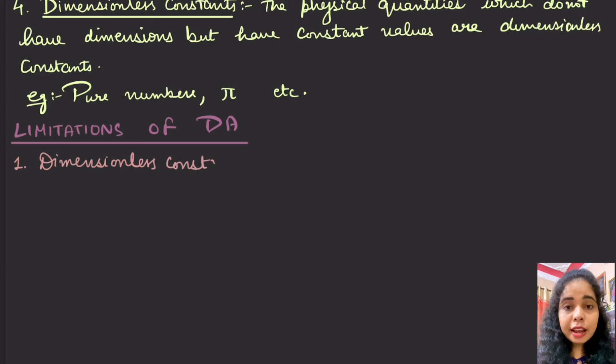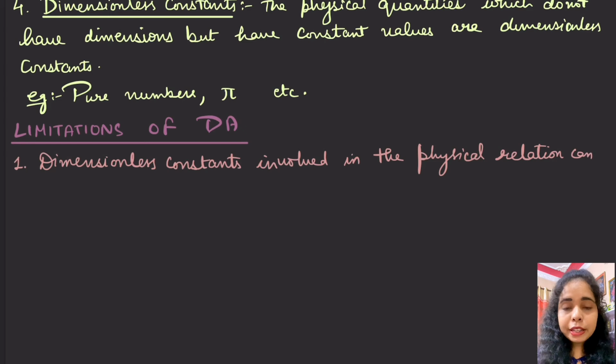That means in any kind of relation, like in the relation of kinetic energy, that is half mv square, the constant half cannot be determined with the help of dimensional analysis. So a dimensionless constant involved in the physical relation cannot be determined.